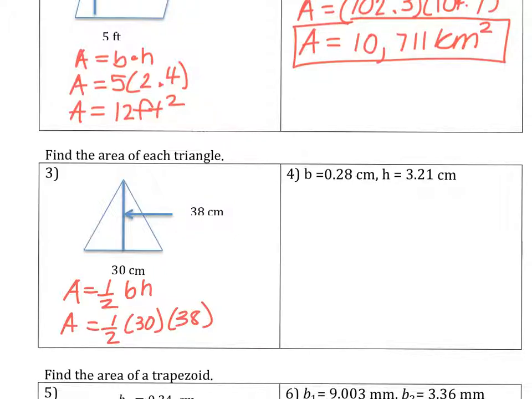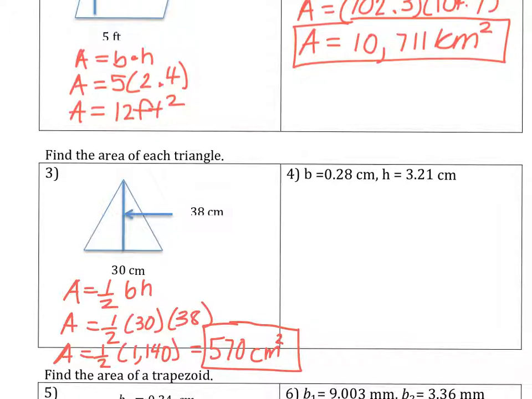When I do 30 times 38, I get 1,140, times 1/2. And 1/2 is the same as dividing by 2, so if it's easier for you, you can just divide 1,140 by 2, and you get 570 centimeters squared.